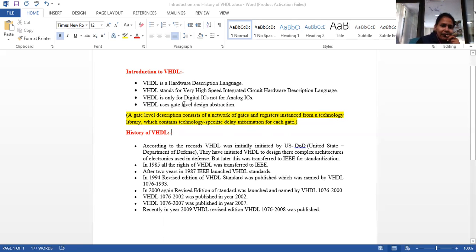A network of gates means there will be more than one gate, and registers instanced from a technology library. This gate level description will contain technology specific delay information for each gate.